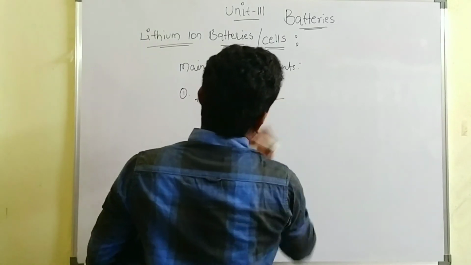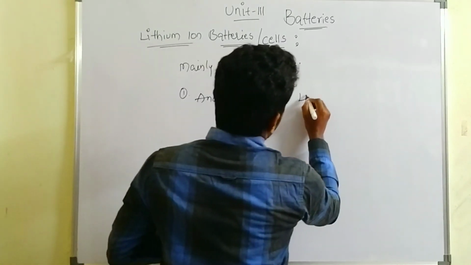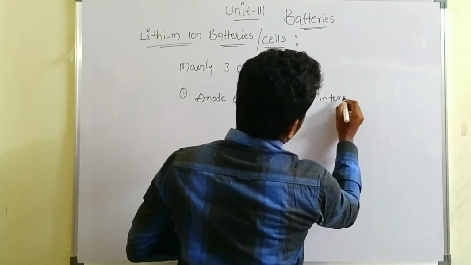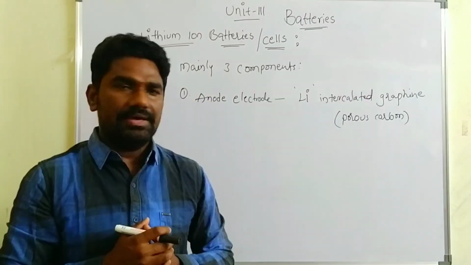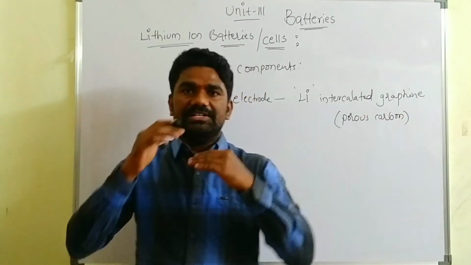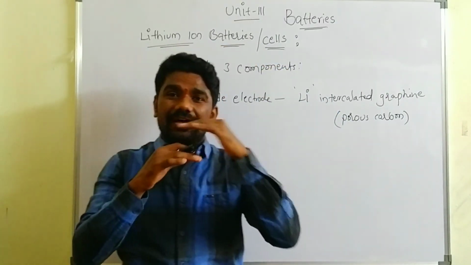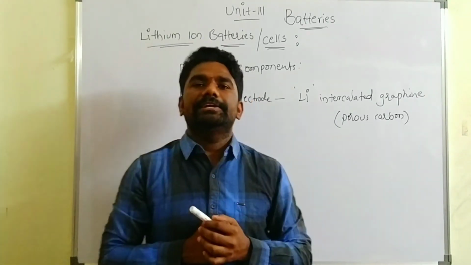In the anode electrode, we are using lithium intercalated graphite. Graphite has a layered structure, so in these layers the lithium can be intercalated.